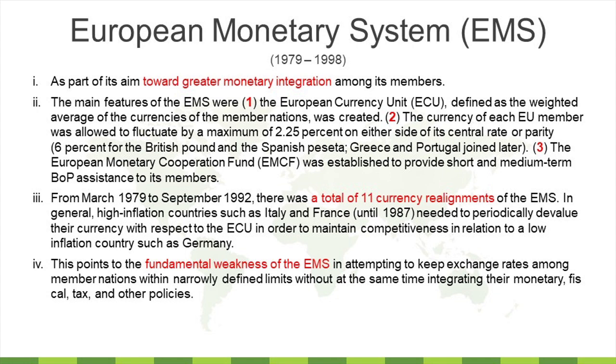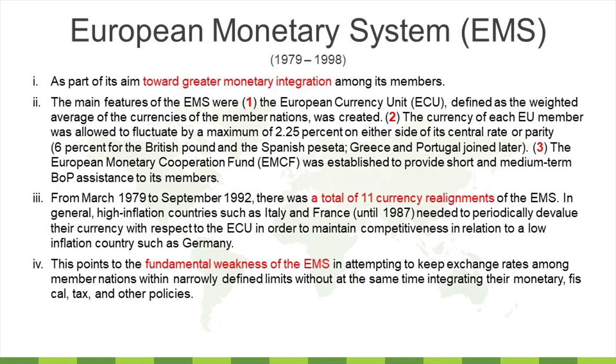B. The currency of each EU member was allowed to fluctuate by a maximum of 2.25% on either side of its central rate or parity, and 6% for the British pound and the Spanish peseta. Greece and Portugal joined later. C. The European Monetary Cooperation Fund, EMF, was established to provide short and medium-term BOP assistance to its members.